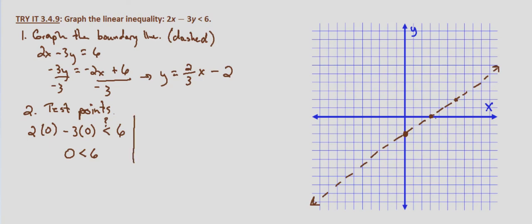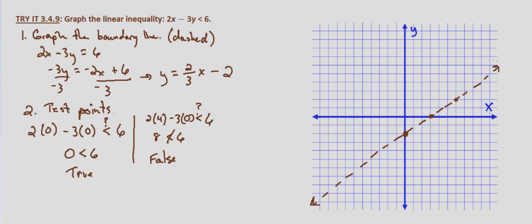Let's test a point on the other side. Let's go with 4, 0. So 2 times 4 minus 3 times 0, is that less than 6? 8 is not less than 6, so that's false. So we shade on the side that's true. That does verify that we at least found the correct side to shade.